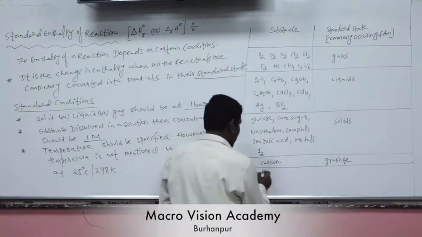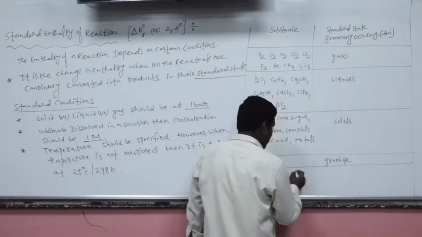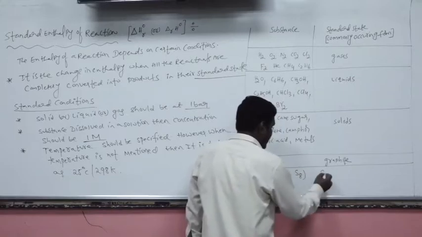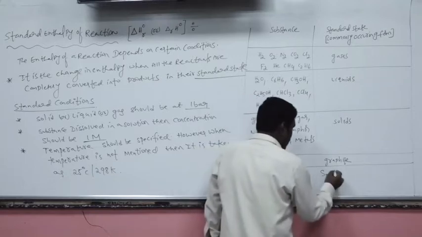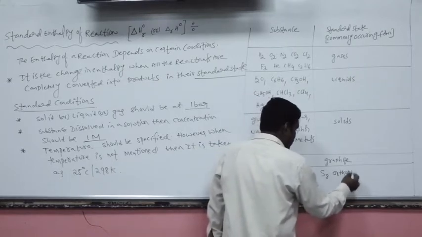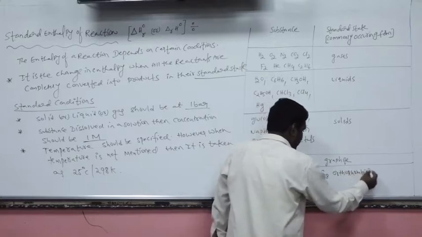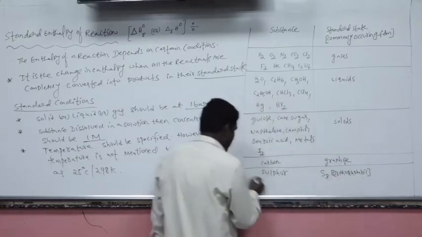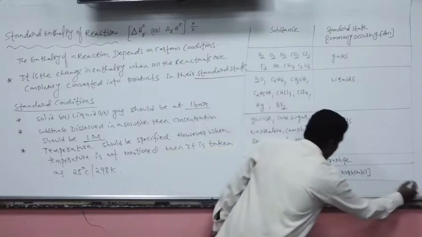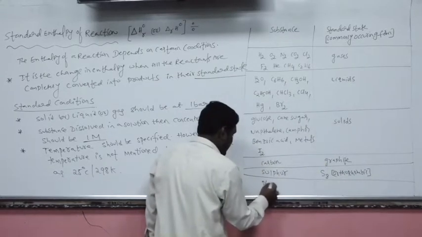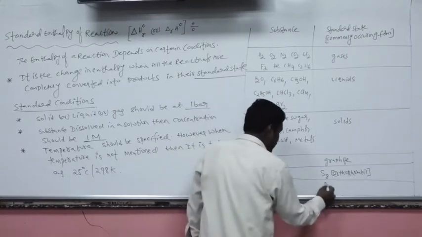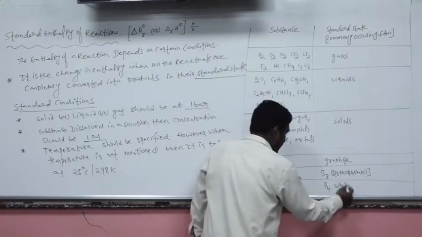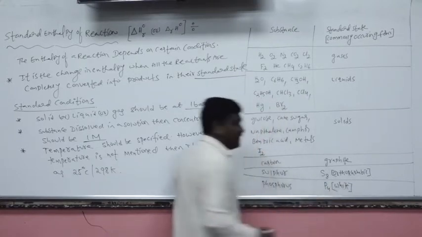Now come to sulfur. Sulfur, that is S8, isn't it? Sulfur S8. So here sulfur is orthorhombic sulfur. Now come to phosphorus. Phosphorus P4, the most commonly occurring form of phosphorus, is white phosphorus.